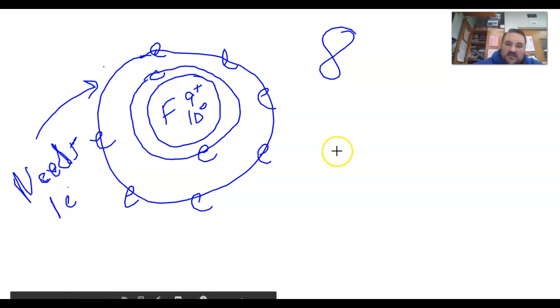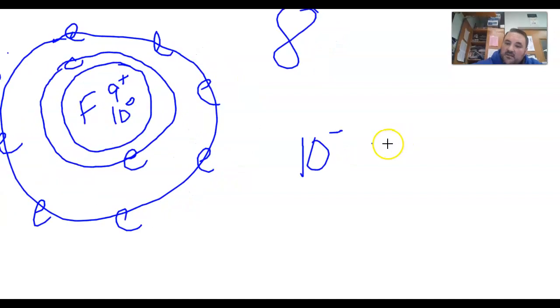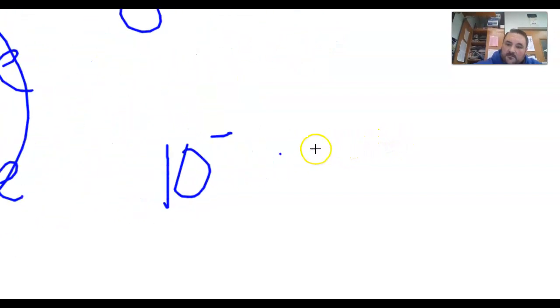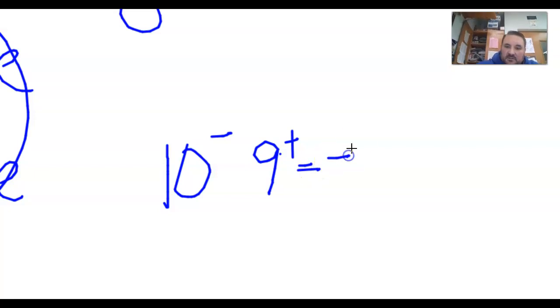If it gains an electron, it will have 10 negative charges and 9 positive charges. Negative 10 plus 9 equals negative 1.